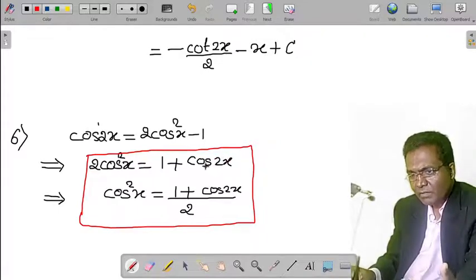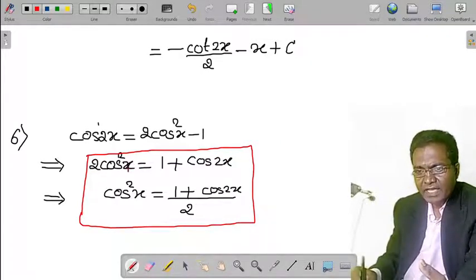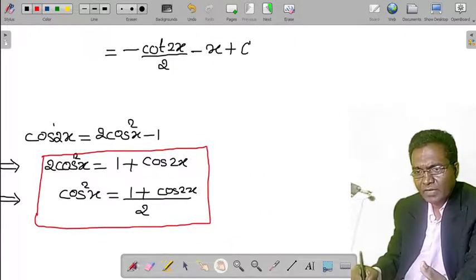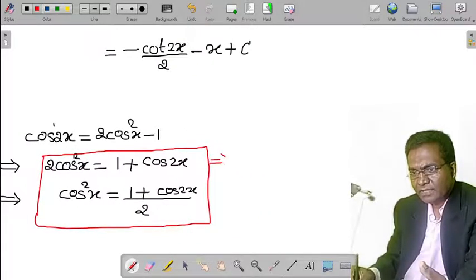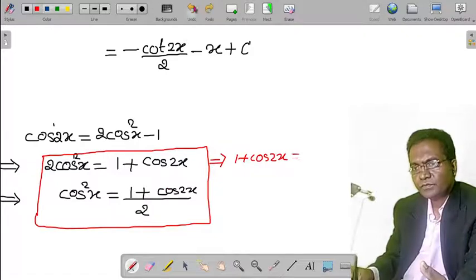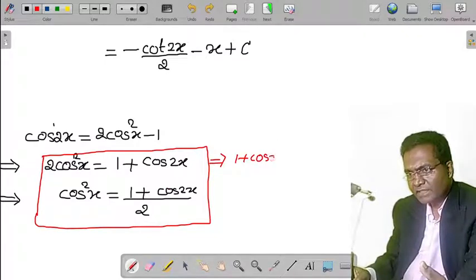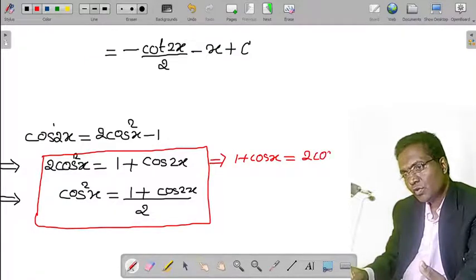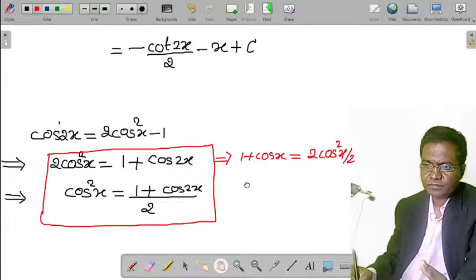Suppose we have 1 plus cos x, it is 2 cos square x by 2. So remember this also, because sometimes I require this. 1 plus cos x can also be replaced as 2 cos square x by 2.